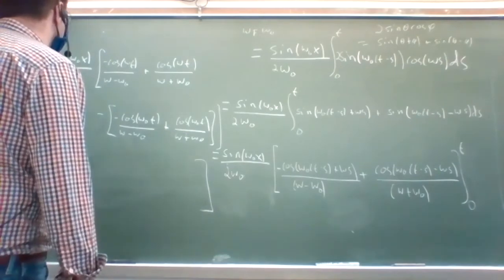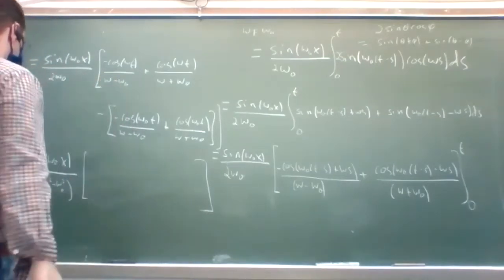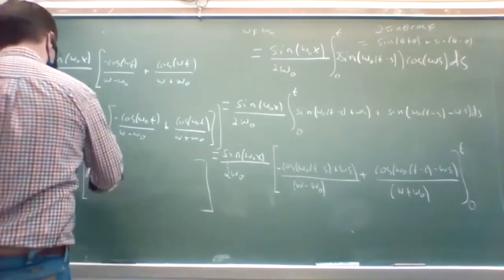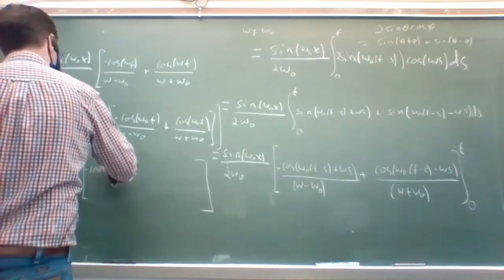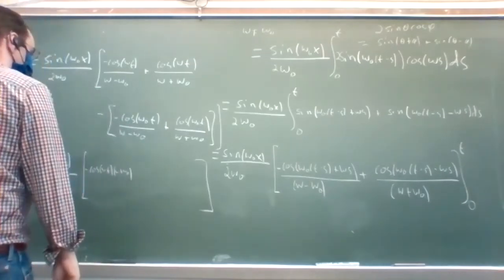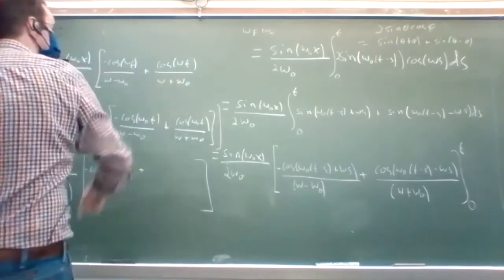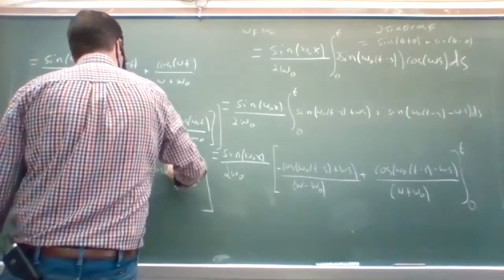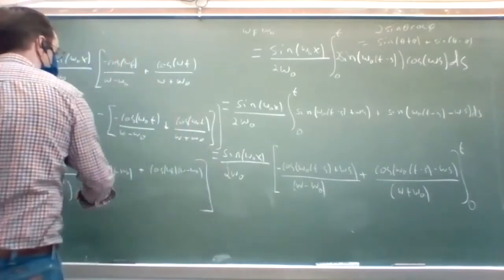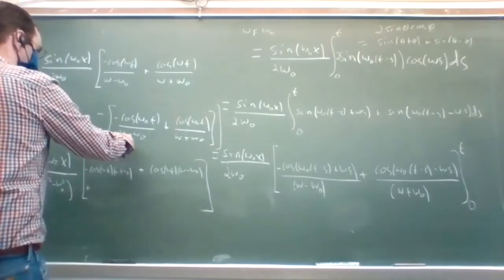And we'll end up with, so I have to multiply this by omega plus omega naught, right? And then here, omega minus omega naught. More terms, so minus minus is plus, and I'm getting omega plus omega naught.